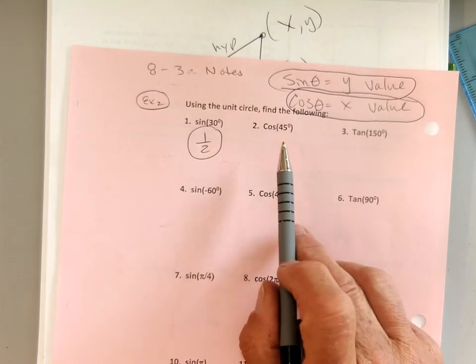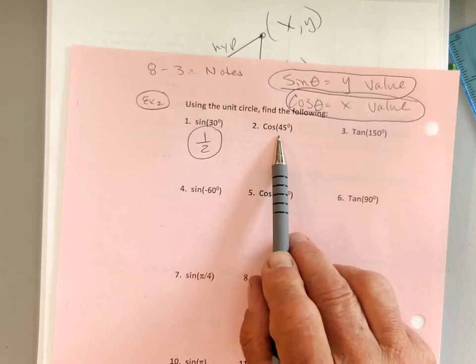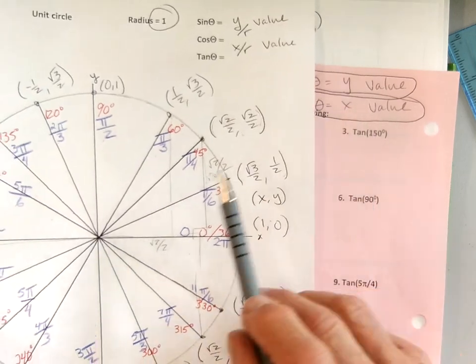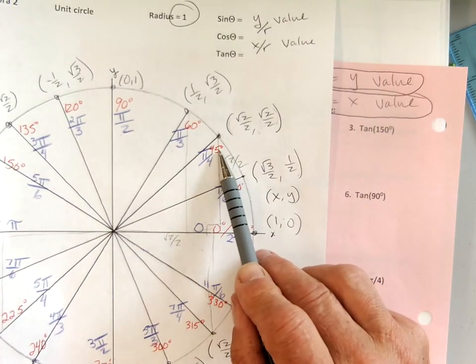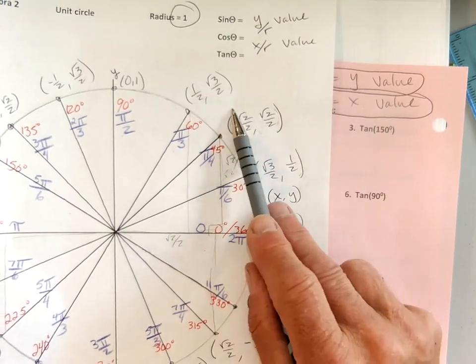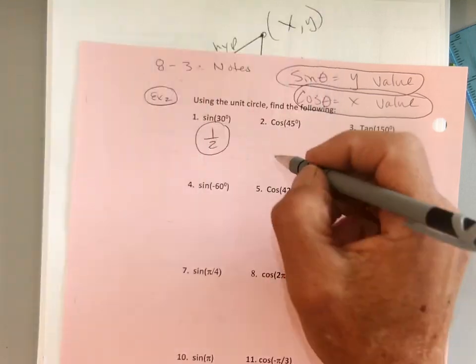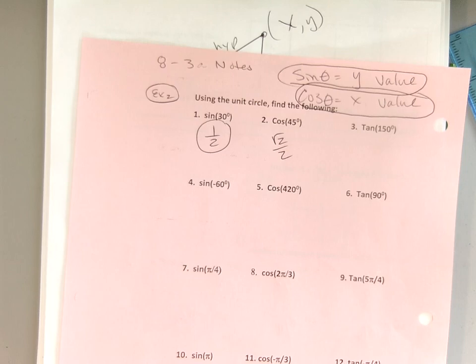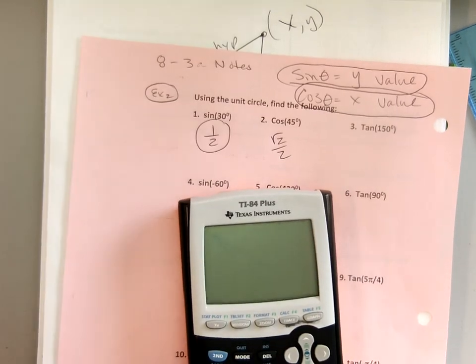Cosine. Number 2, 45 degrees. Cosine is the x value. So let's go to 45 degrees. There's 45 degrees. It's the x value. That's my answer: square root of 2 over 2. Can you stop making it look like an R? It's a 2, a square root.